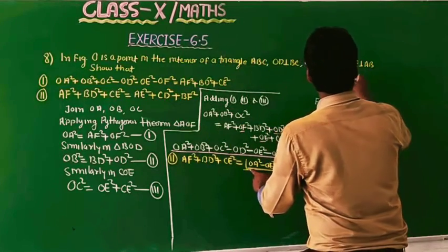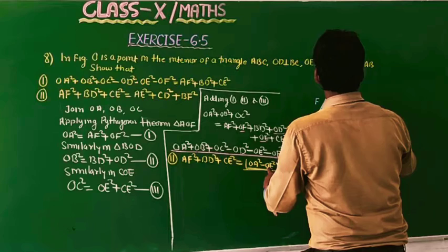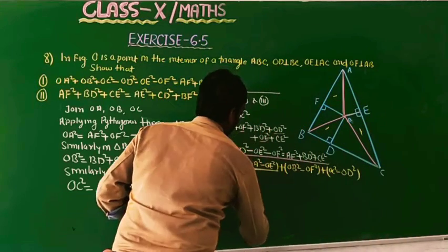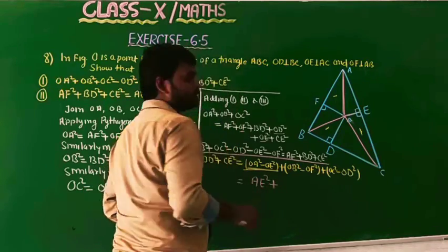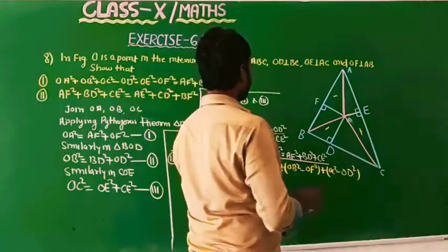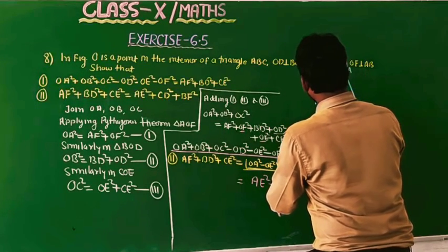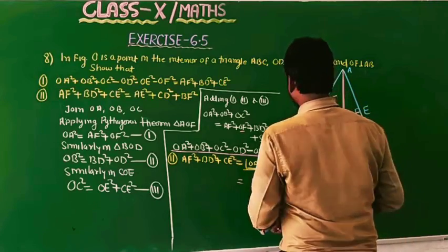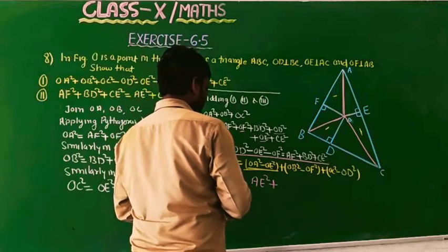Now look at OA square minus OE square is equal to AE square, by Pythagoras theorem. And OB square minus OF square equal to BF square.